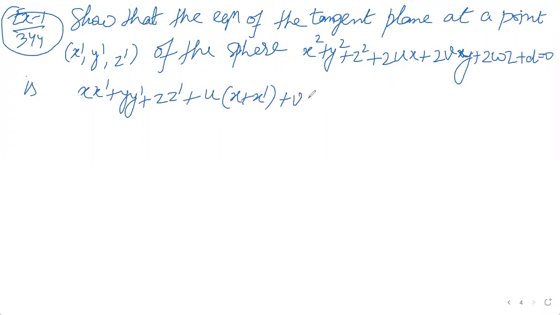Plus v, 2y will become y plus y dash, plus w, 2z will become z plus z dash, plus d is equal to 0, है ना? ये हमें शो करना है.